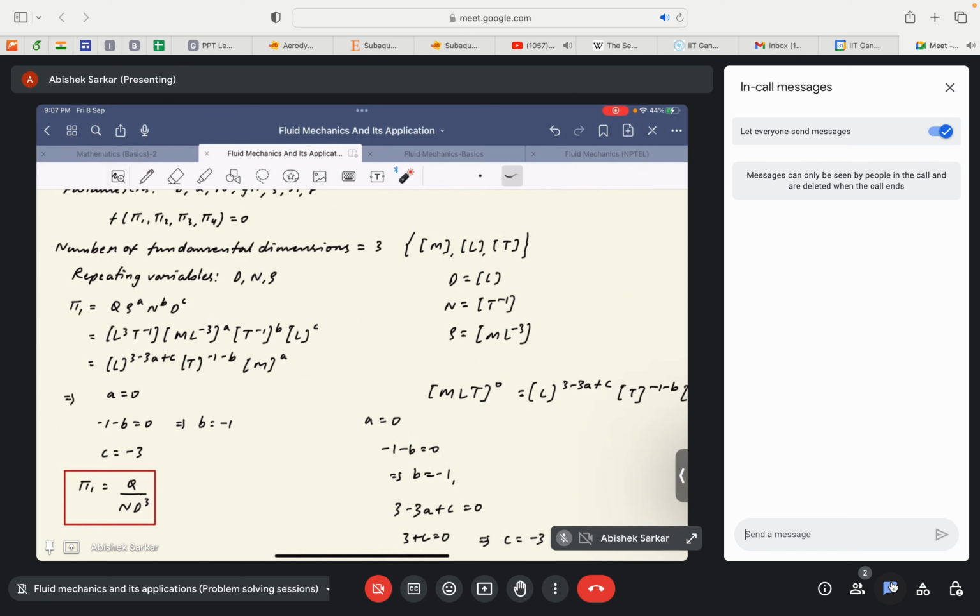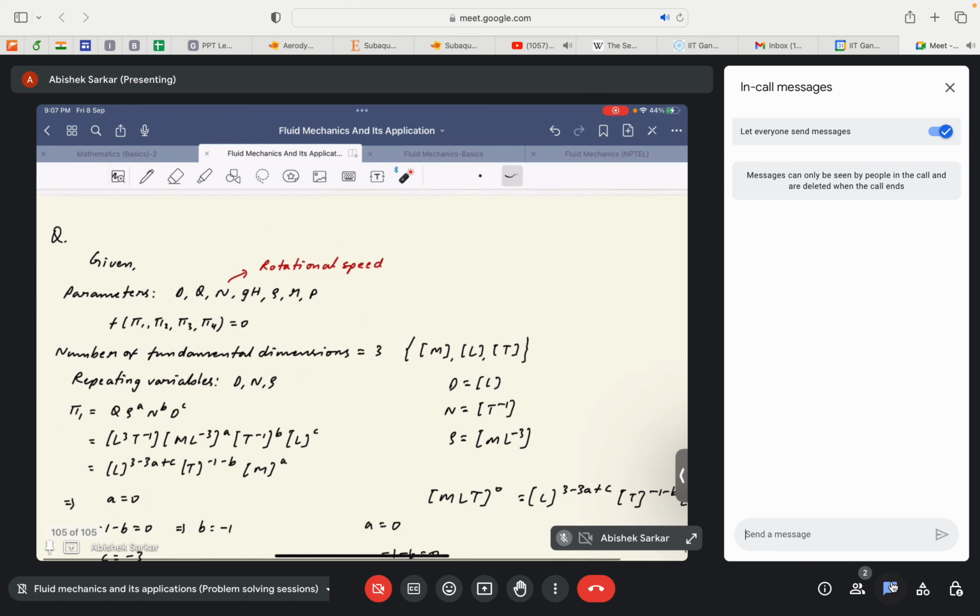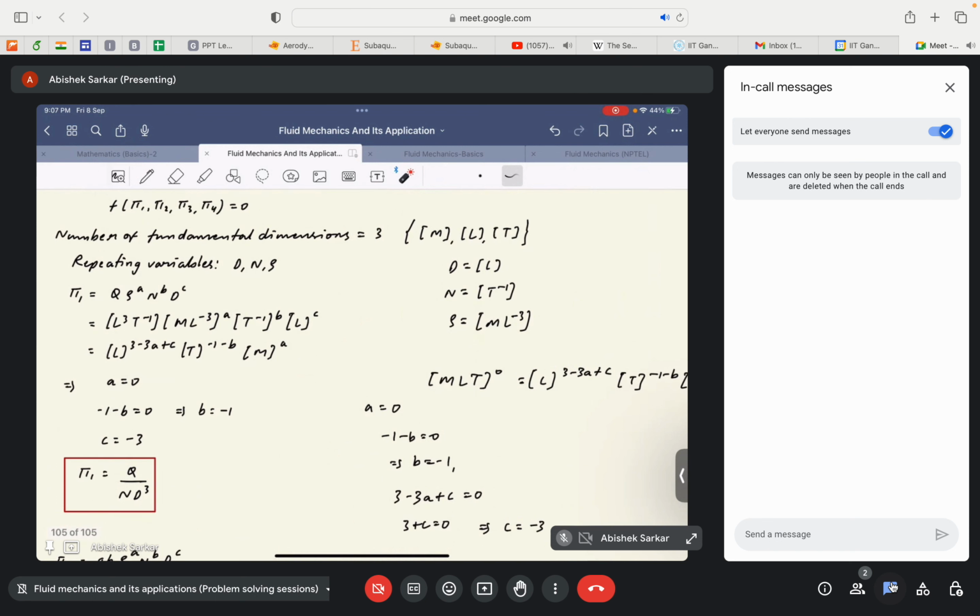If we want to find the first non-dimensional parameter, the first parameter that we deal with is q. So pi 1 would be equal to q into rho to the power a, n to the power b and d to the power c. Because these are repeating variables, this would vary as the powers a, b and c.